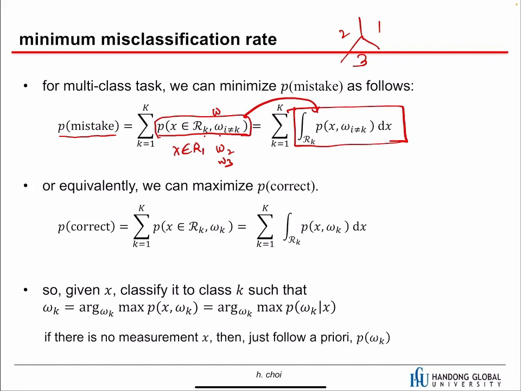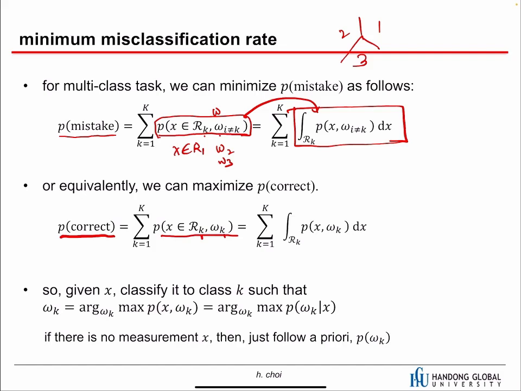Or equivalently, we can maximize accuracy, the probability of correct. So the probability of correct is the sum of this one. In this case, K is here and K is here. They should have the same class.